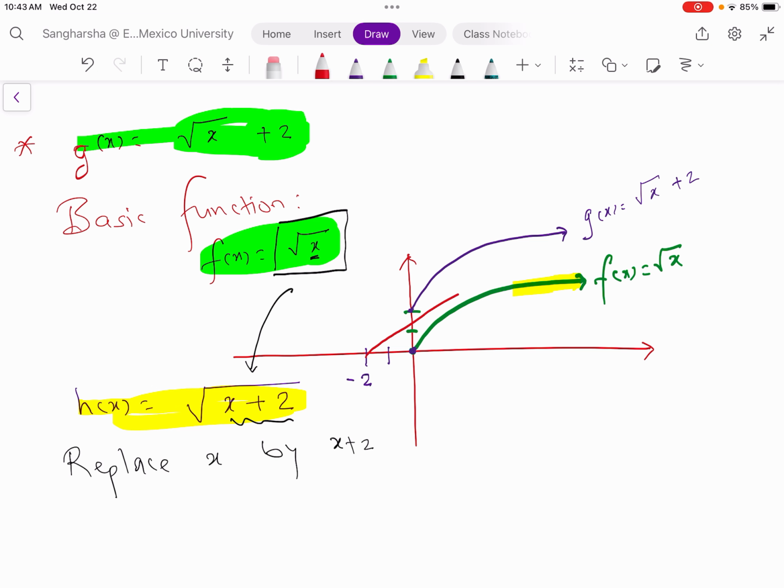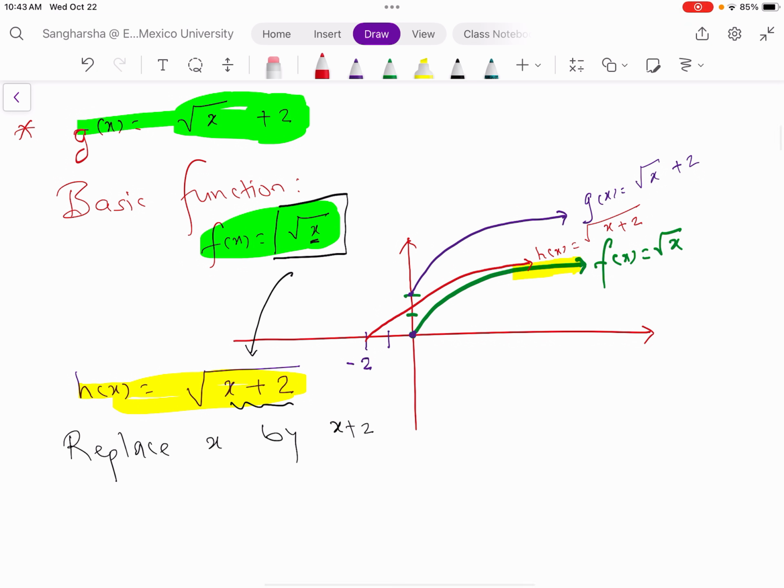You get a graph like this, and this graph is h of x. So if you replace the x of any basic function by x plus some number, you are moving the graph left by that number.